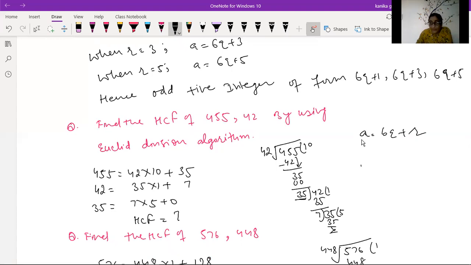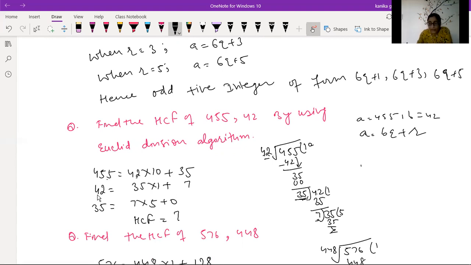तो यहाँ पर a जो है वो हमारे पास 455 है और b क्या है? 42 है. सो यहाँ पर a इज इक्वल टू b इज 42 मल्टीप्लाइंग बाय क्वोशंट इज 10 प्लस रिमाइंडर क्या आ गया? 35. नाउ अब आपने 42 को, ये जो हमारे पास डिवाइजर था, it becomes a dividend. तो आपने डिविडेंड 42 लिया और डिवाइजर जो हमारे पास रिमाइंडर है वो डिवाइजर बन जाएगा। तो उसको हमने 35 से डिवाइड किया, 35 ones are 35, you get remainder 7.